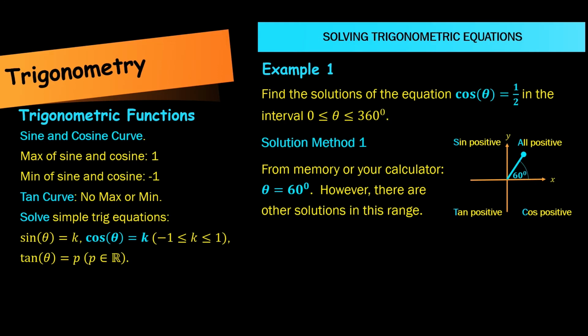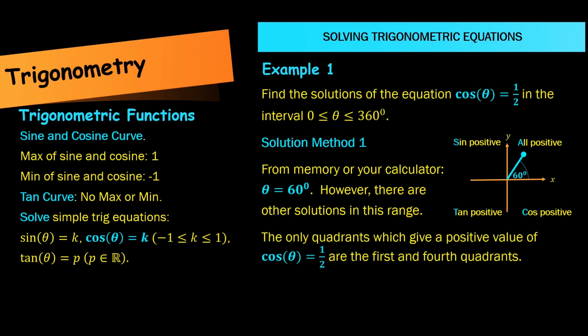Now, from your memory or from your calculator, you will be able to find that theta is equal to 60 degrees. However, there are other solutions in this range. Theta equals 60 degrees is called the principal solution. Remember that the only quadrants which give a positive value of cos theta equals 1/2 are the first and fourth quadrants.